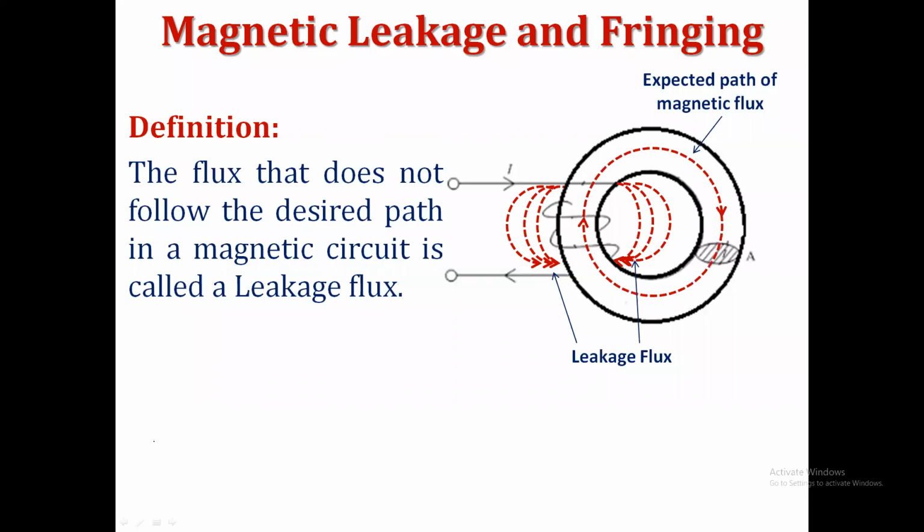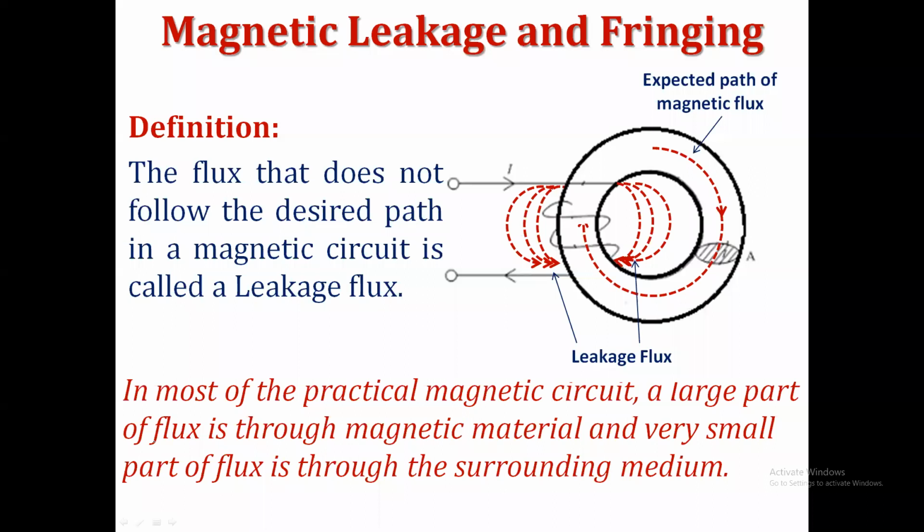In most practical magnetic circuits, the large part of the flux is through the magnetic material, inside the ring or solenoid, and a very small flux is through the surrounding air medium. It does not take the desired path, and that's why we call it leakage flux.